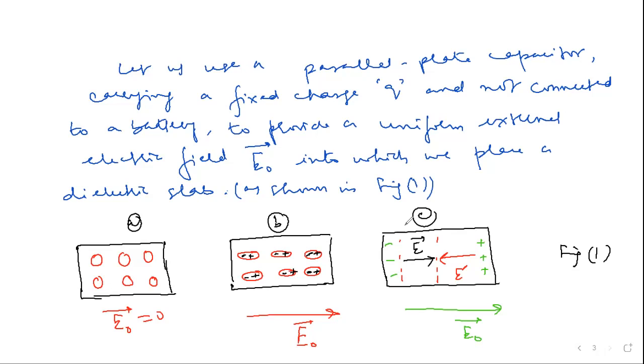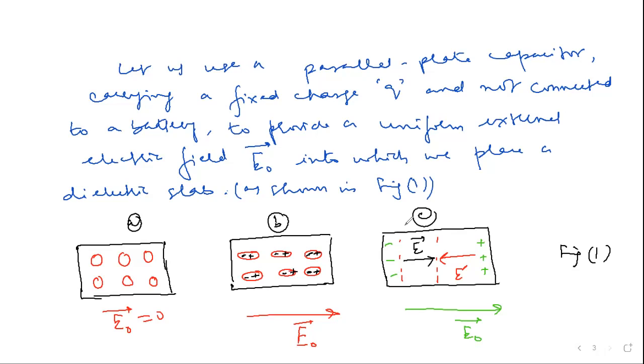In part C, let me first explain this. What is E prime? E prime is the electric field created by the induced surface charges created on the opposite faces of the dielectric slab.